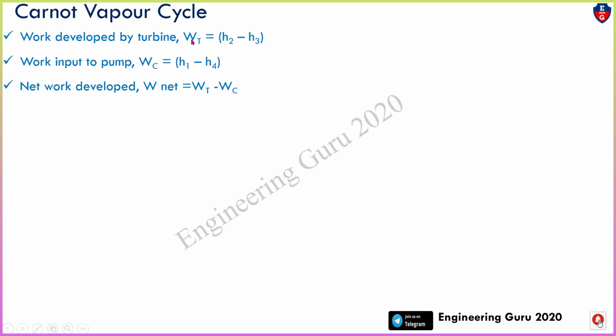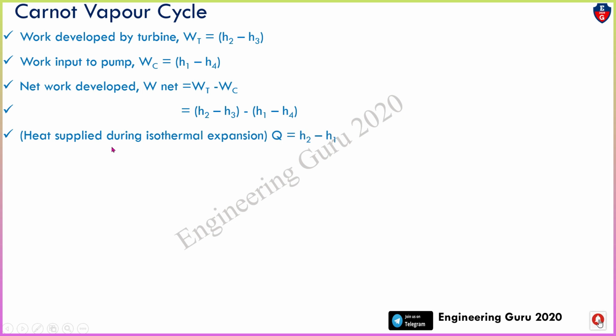Put these WC and WT values in this equation. So that would be (H2 minus H3) minus (H1 minus H4). Simplify this. The heat supplied during the isothermal expansion, Q equal to H2 minus H1.